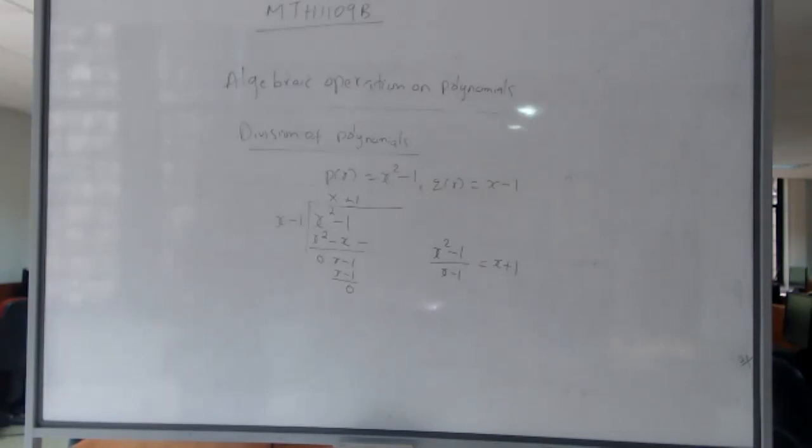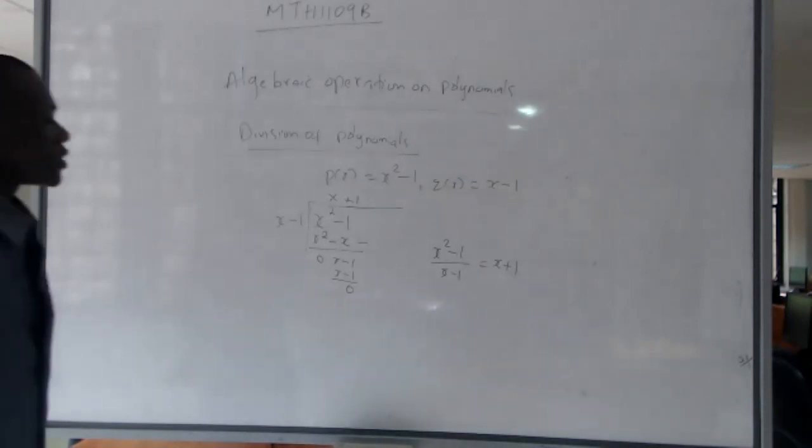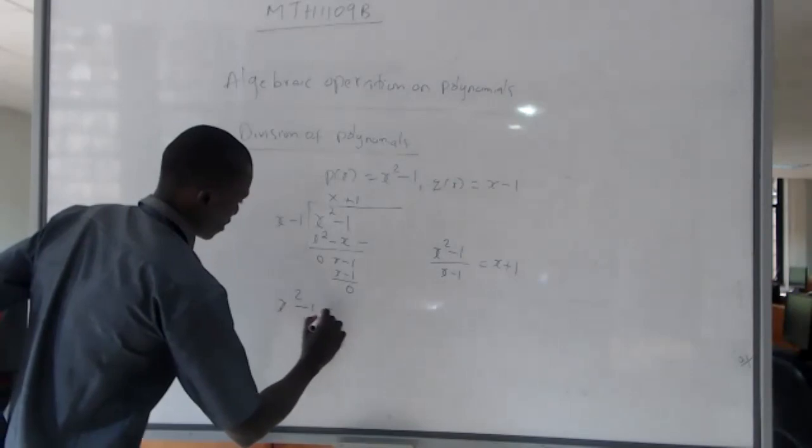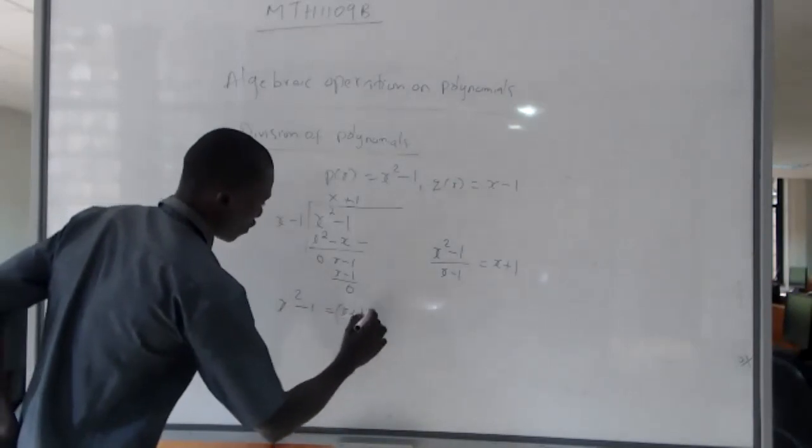How would you expand x squared minus 1? Let's say x squared minus 1 is equal to x plus 1 times x minus 1. Yes, this is true. And this is called factorization.